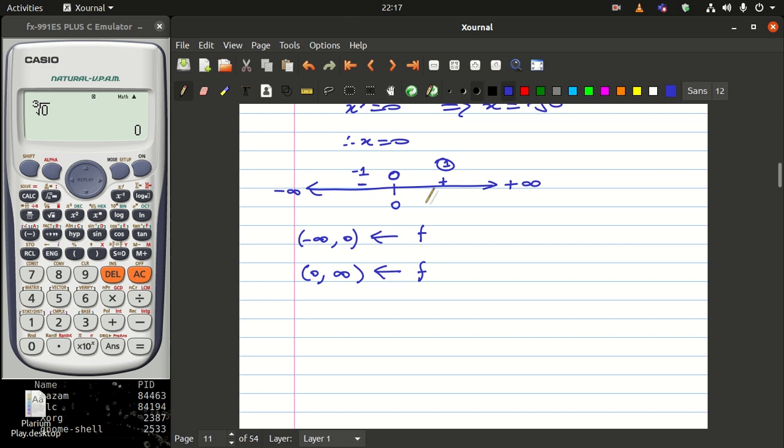When you have a negative here, it means that f concaves down. And when you have this one positive, it means f concaves up. So that is basically the point.